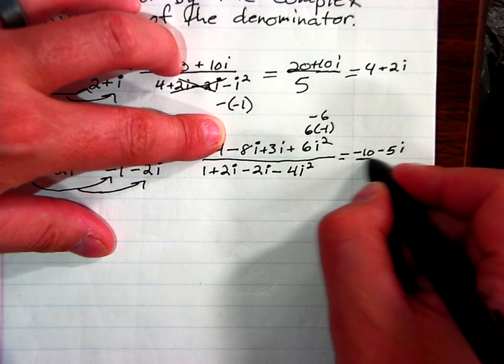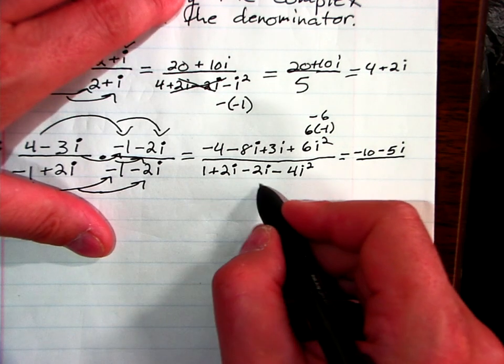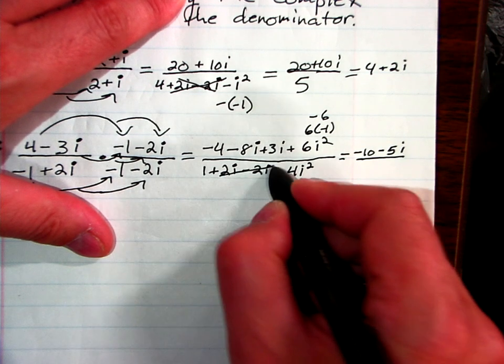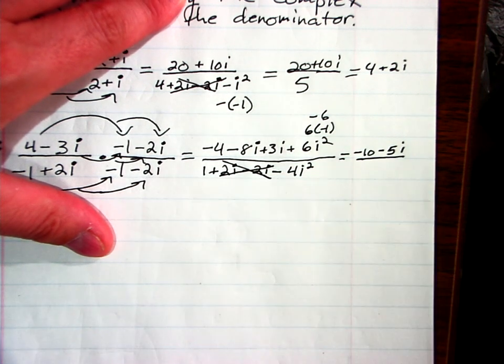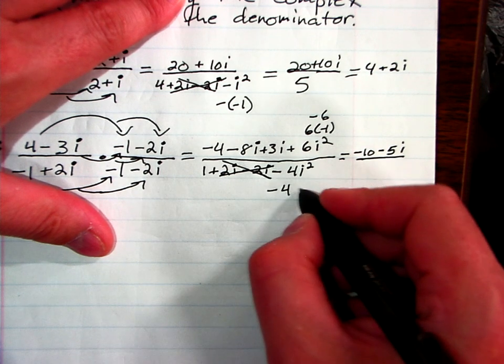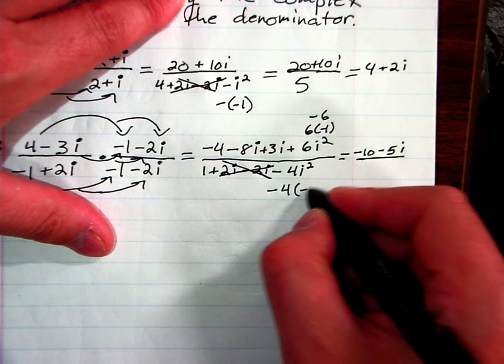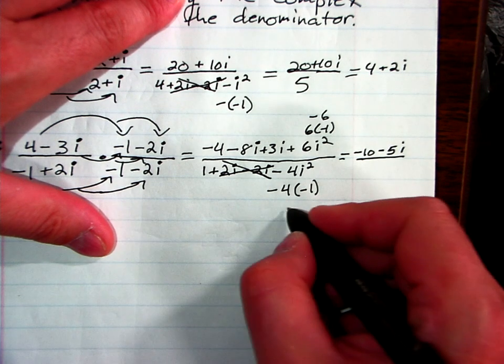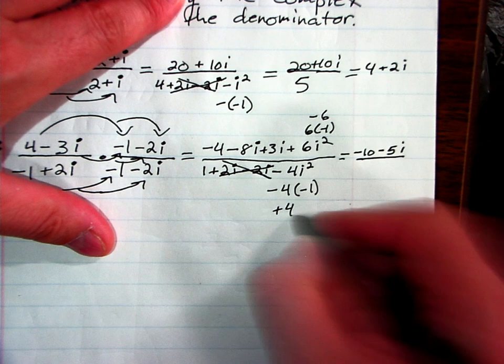So now let's look at the bottom. 2i minus 2i is 0. So that really cancels out. It goes away. So this is negative 4 times i squared. i squared is the same as negative 1, so negative 4 times negative 1 is plus 4, right?